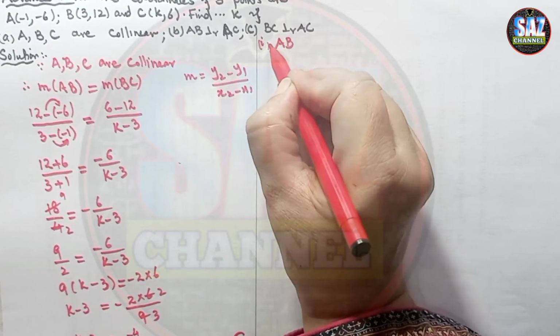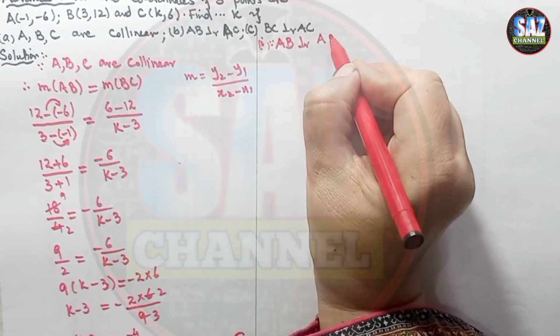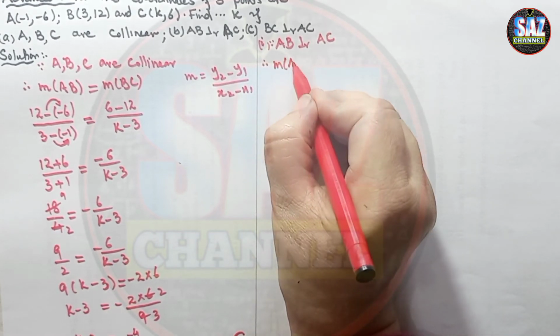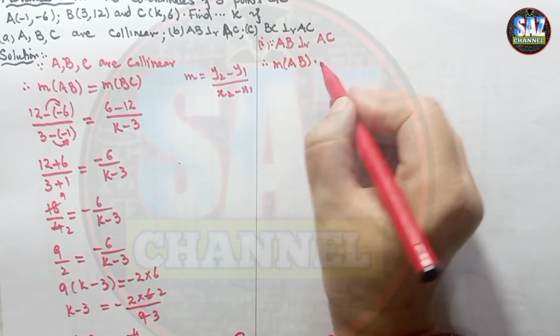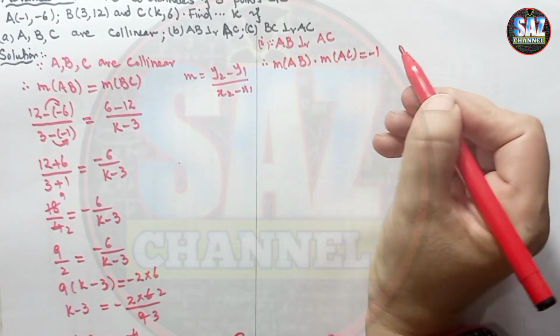Because AB is perpendicular to AC, the gradient of AB multiplied by the gradient of AC will be equal to minus 1.